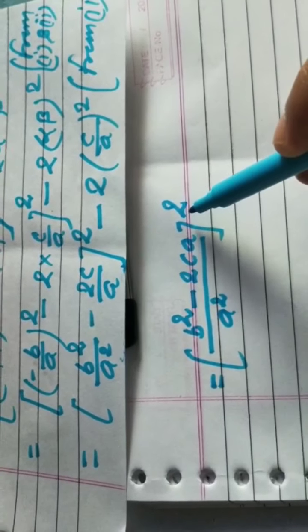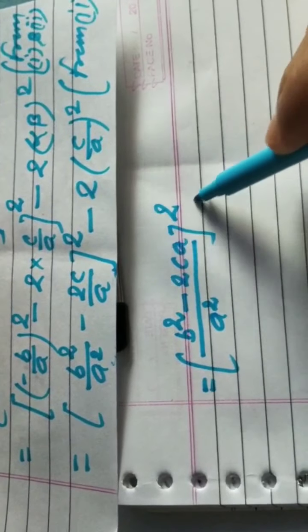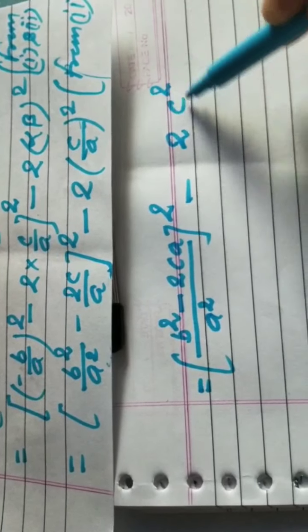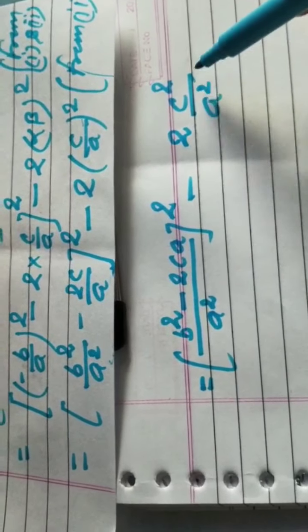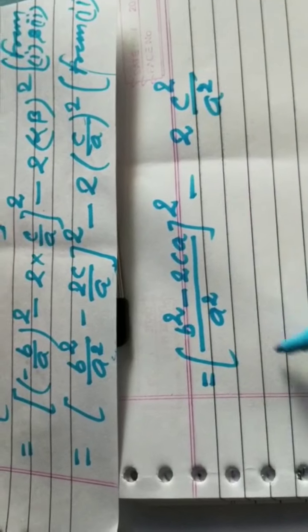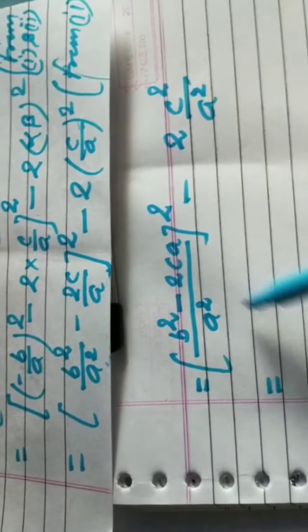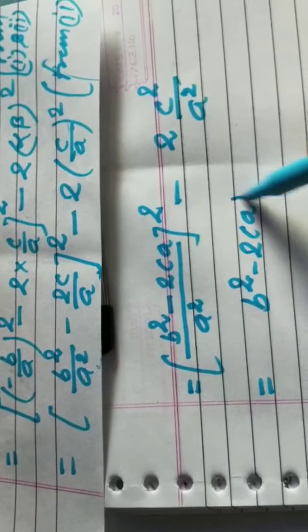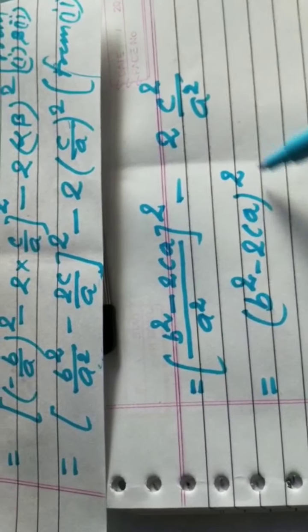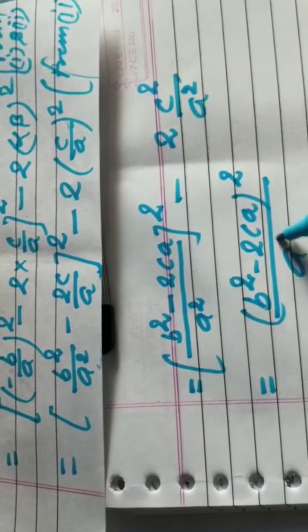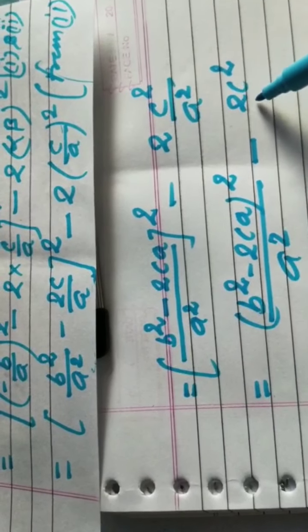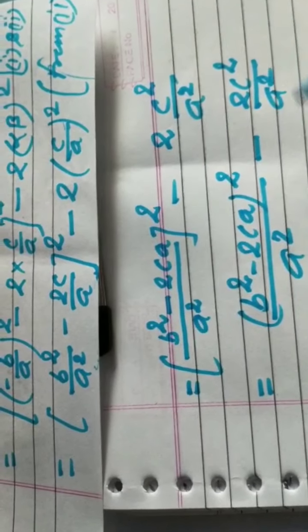So we have written whole square minus 2, and square of c will be c square by a square. Now you can expand it. It will be (b square minus 2ca) the whole square by a square minus 2c square by a square.